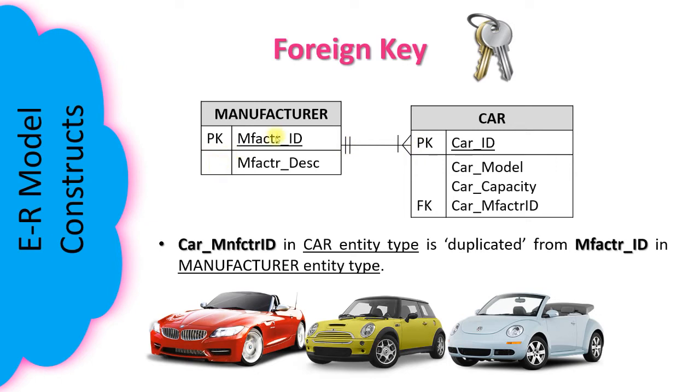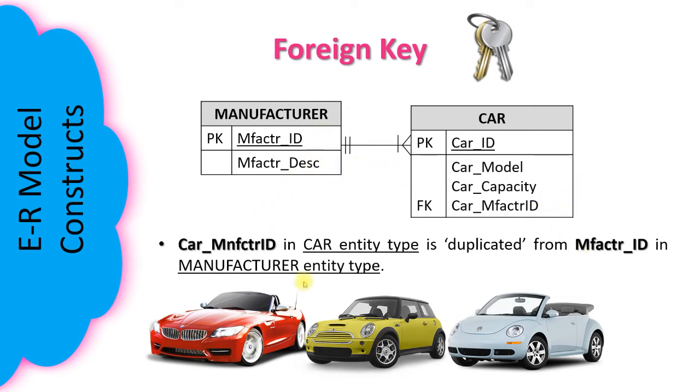Manufacturer ID is assigned as the primary key of manufacturer, and because of the relationship between these two, manufacturer ID has been assigned as a foreign key attribute in the car entity type. So manufacturer ID here is actually the same ID assigned to the manufacturer entity type. We have to duplicate it in the car entity type because of the relationship between these two. I will share with you later on how this can happen.